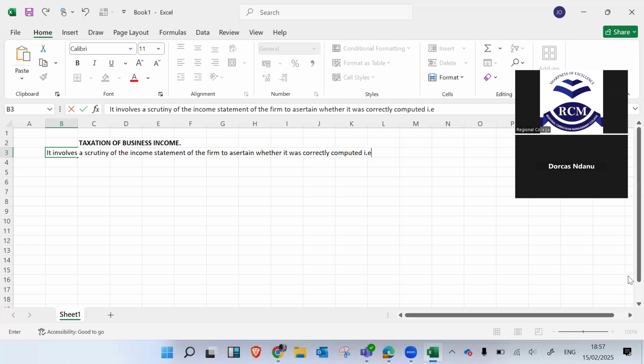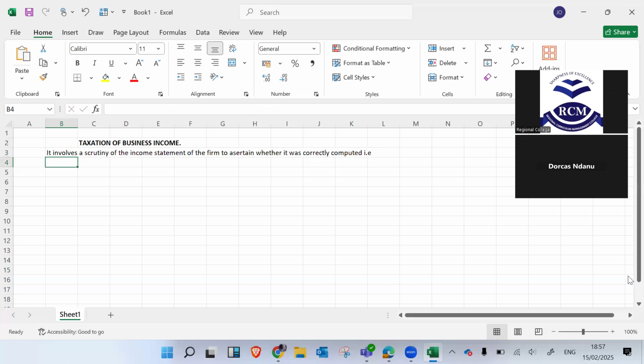I.e., number one, if all taxable incomes were added. So all the incomes that are supposed to be taxed for that business, were they added? If not, we add.